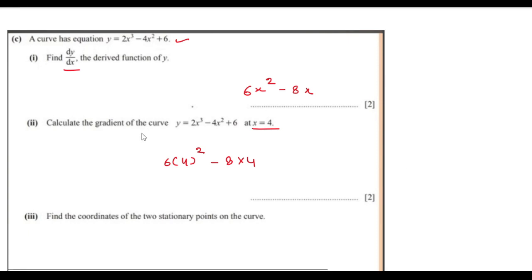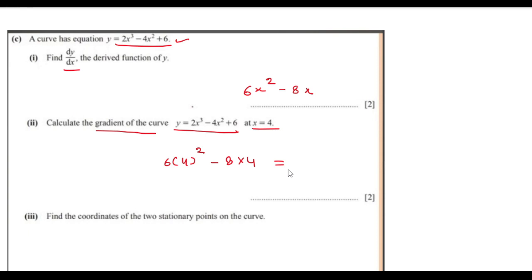Now see, they said calculate the gradient of the curve. For that, I will differentiate, and I have already differentiated in the first part. So I will use that first part, and your answer is 6 times 4 squared minus 8 times 4. Whatever you get, that is your answer.